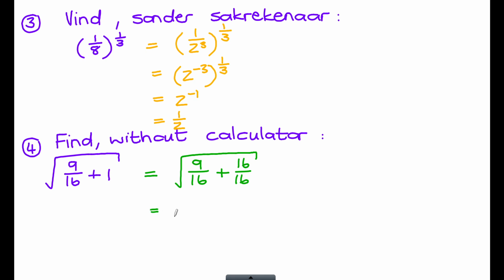Which means that I'm actually going to have 25 over 16. En dan, vierkantswortel van 25 is 5. And square root of 16 is 4. Okay. So eintlik nie so moeilike ene nie. The main thing was simplify first.